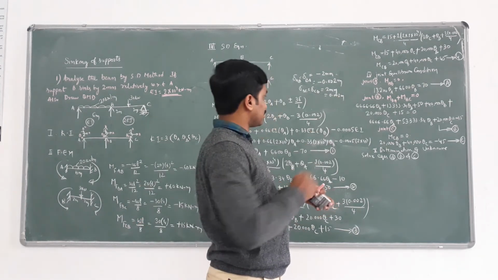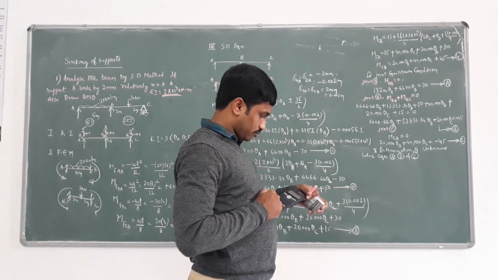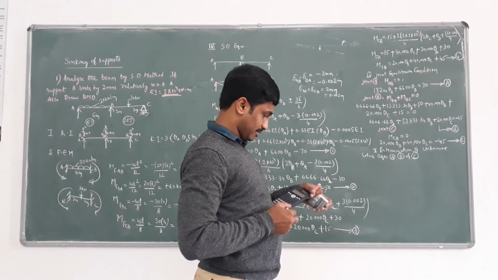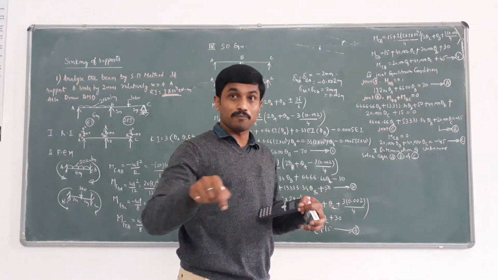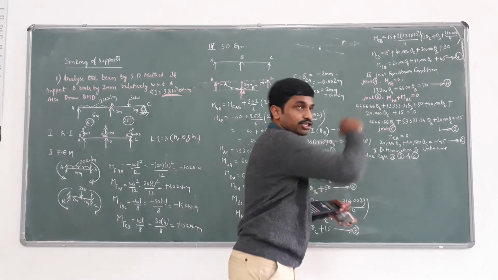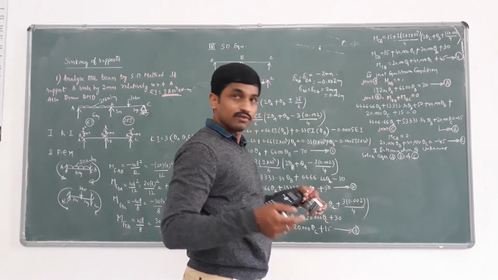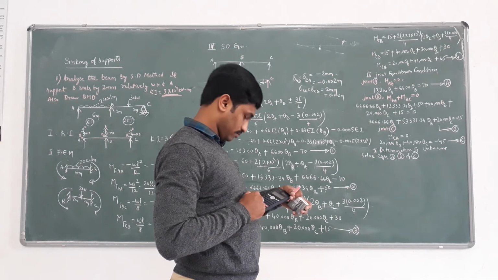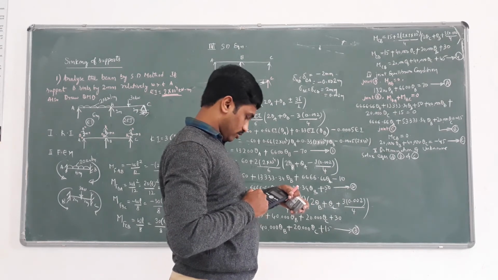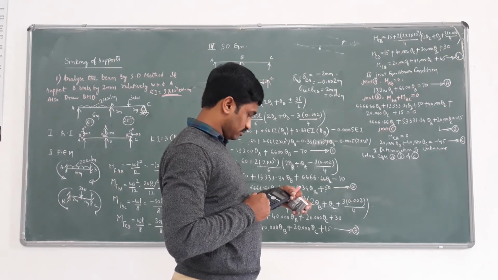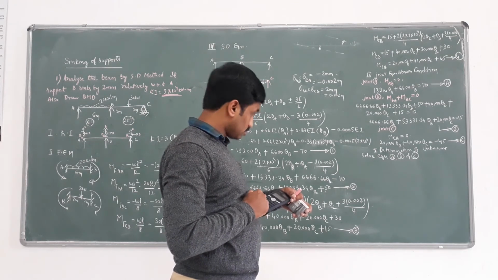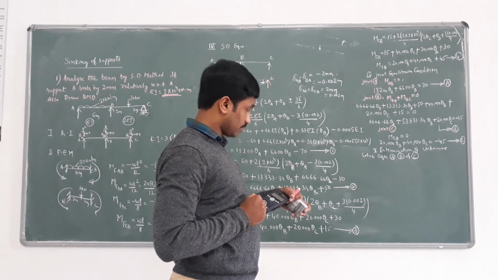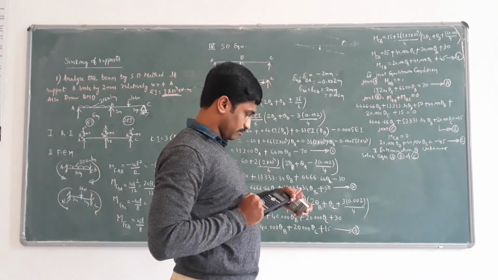So the first equation coefficients: A1 is 13,200, B1 is 6,600, and C1 is 0 since theta C is 0 in the first equation, equals 70. Next A2: theta A coefficient 6,666.66, 53,333.34, 20,000 equals minus 15.